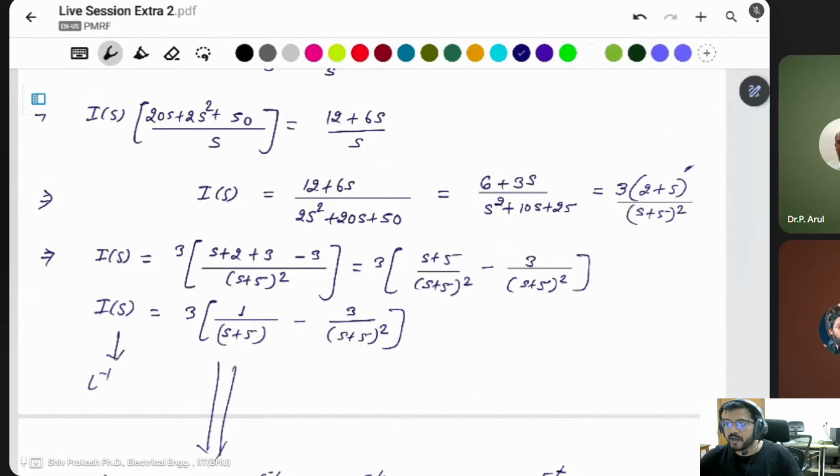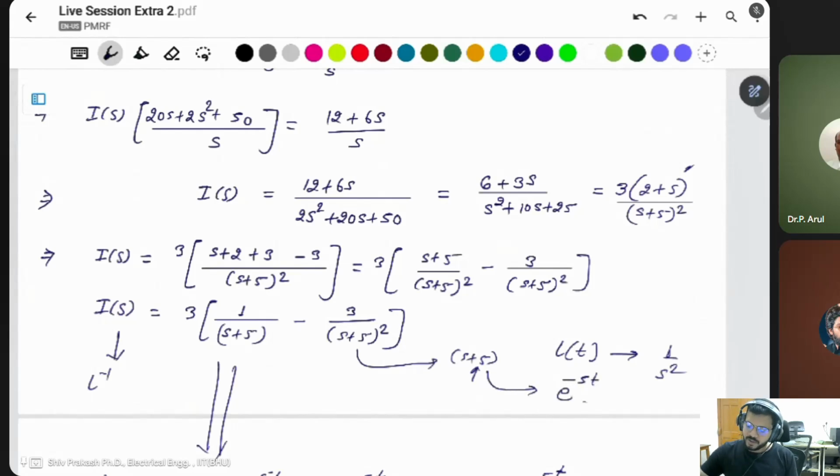If the whole square term is there, that means there is a t multiplication, because the Laplace of t is 1 by s square. If s plus something, then e to the power of minus something. If only s is there, then no exponential term. If s minus something, then e to the power of plus something. We have to solve it like that.